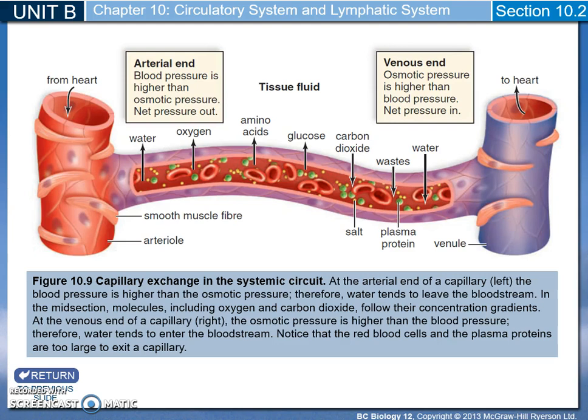And here we can see a lot of the exchanges that are taking place between the capillaries and the fluid around cells, and it's showing quite a few of these as they take place and how they take place.